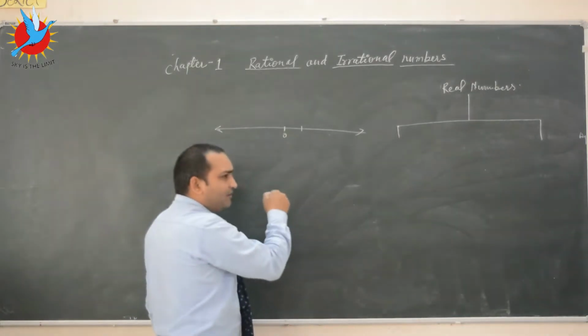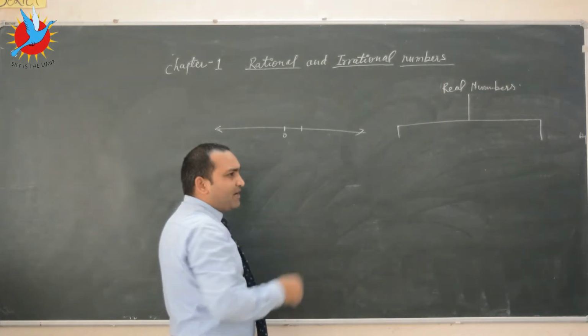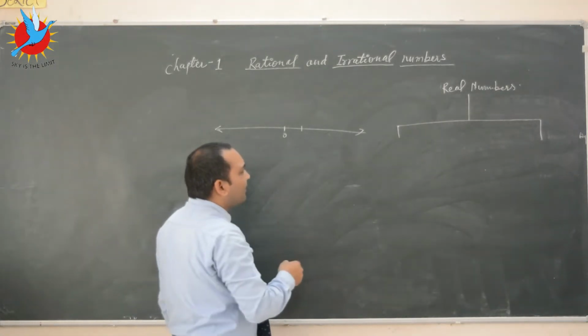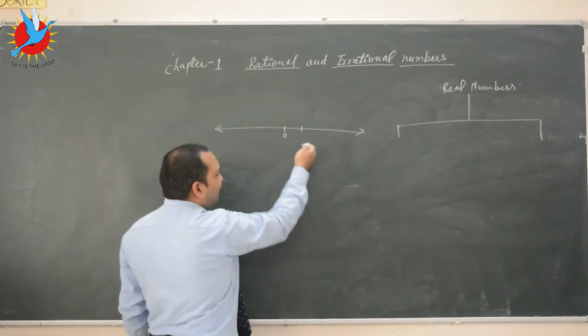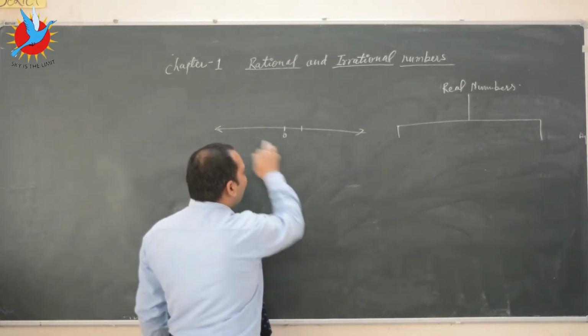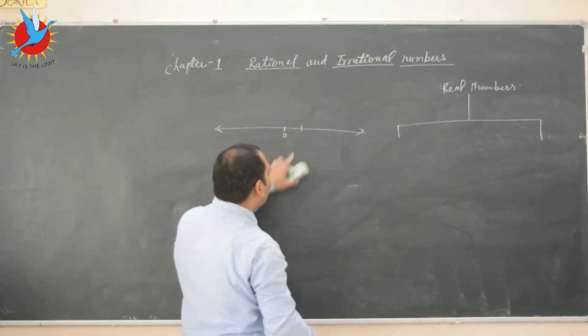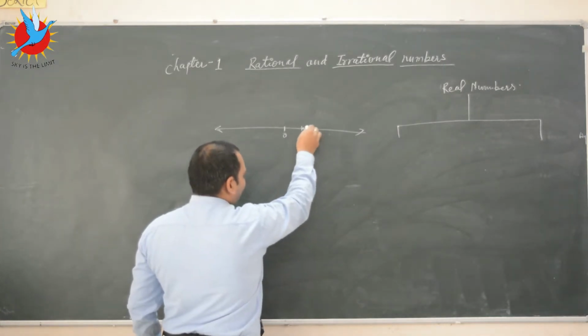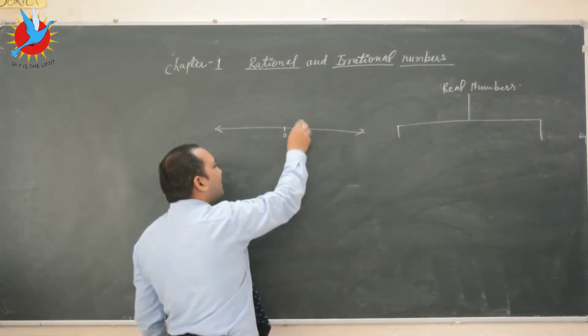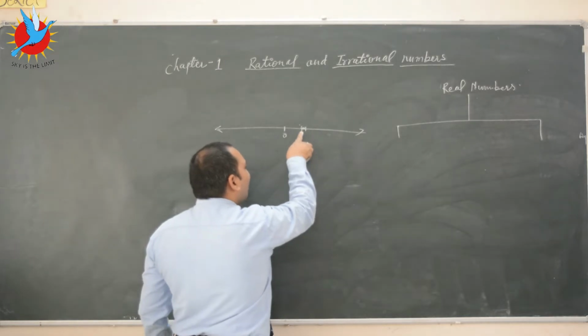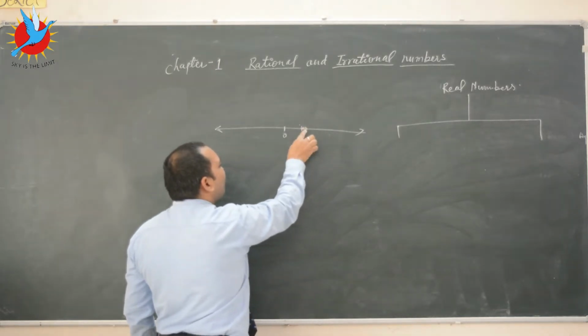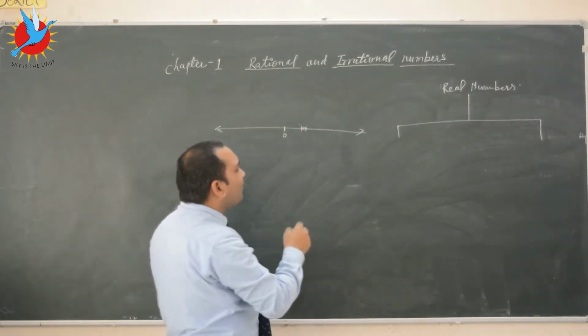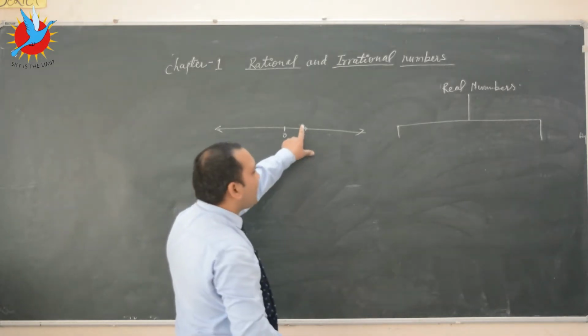They observed that there was some space on the real line, after we assume all the rational numbers on the real line, there was some space between two rational numbers. There are infinite rational numbers between two rational numbers, so they thought that there are irrational numbers also between the rational numbers.